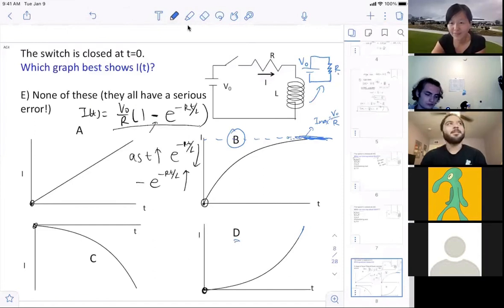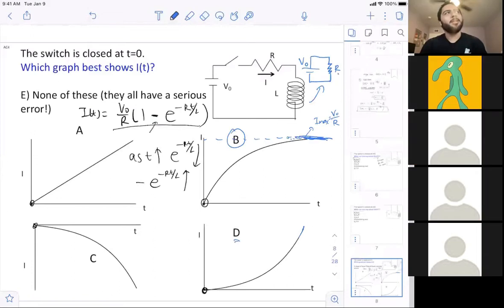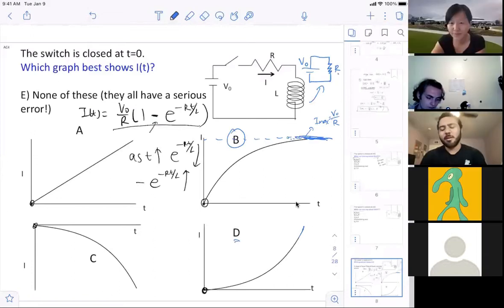Yeah, I think given enough time, there'll be approximately an even amount of current going through the inductor, so the backwards push is going to decrease over time because the current starts to become more constant.